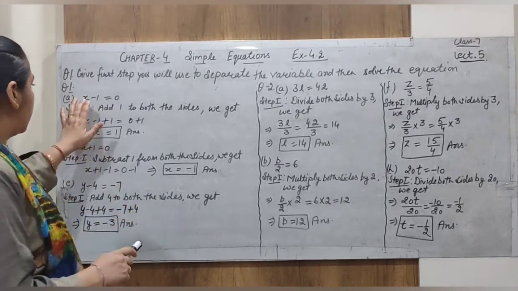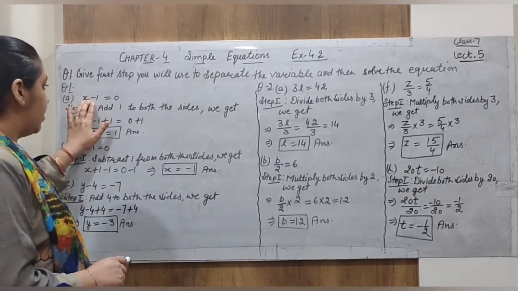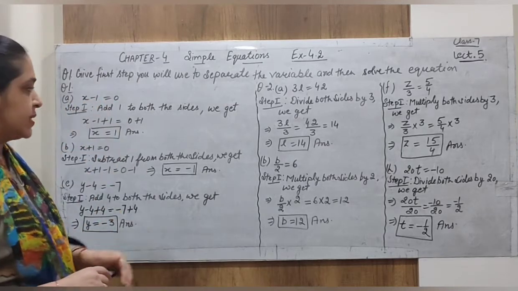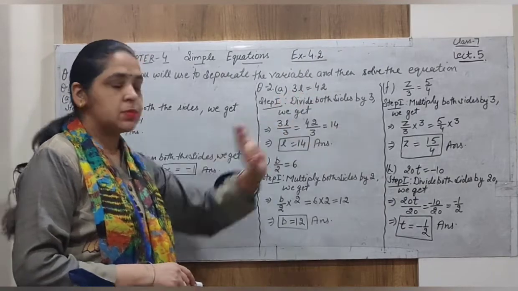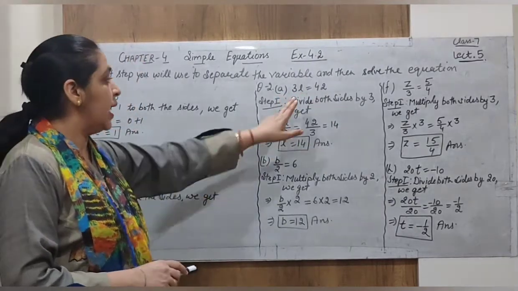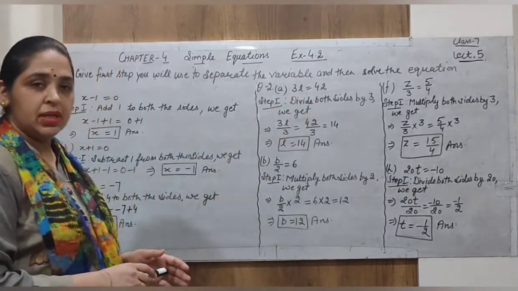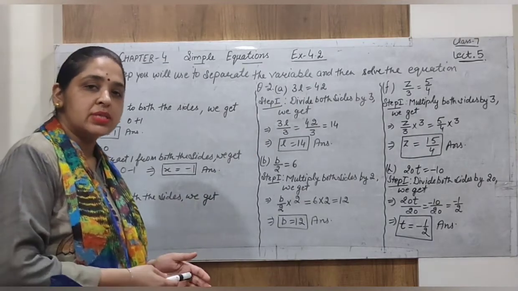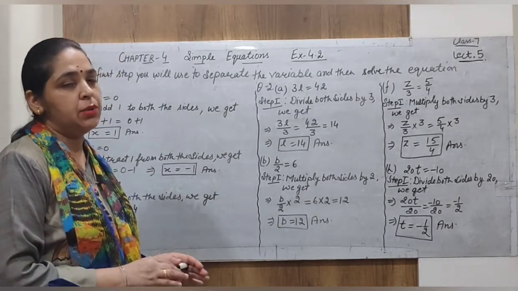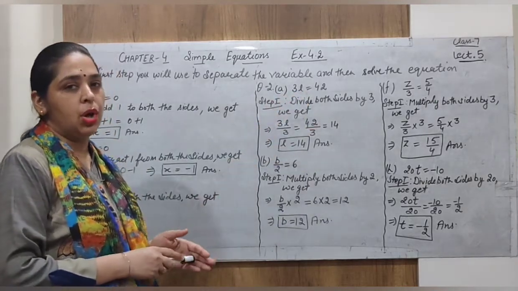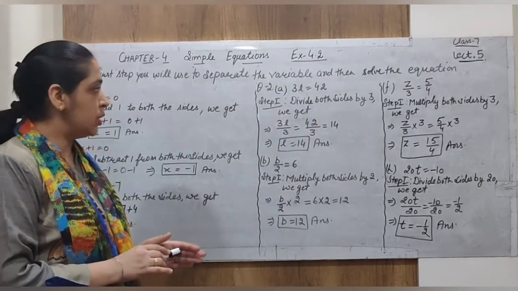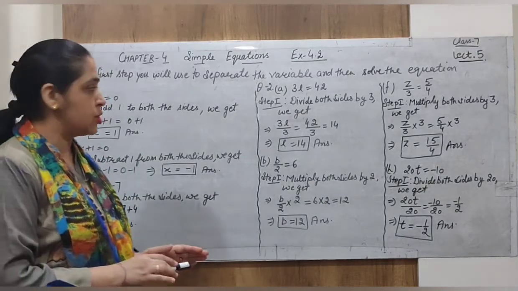You just have to put the value and prove that the left hand side is equal to the right hand side in any equation. Whatever variable is given, L or M, its value is given, and we just put the value in and prove that the equation is satisfied or not satisfied. Up to this I think everything is clear to you.